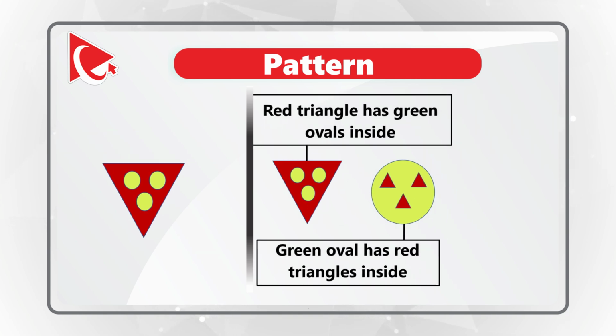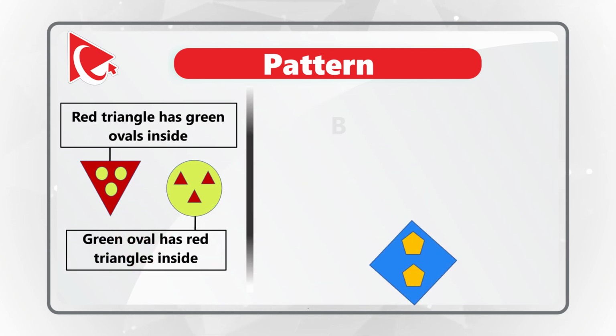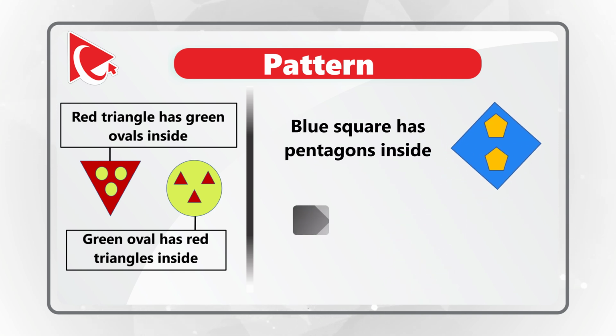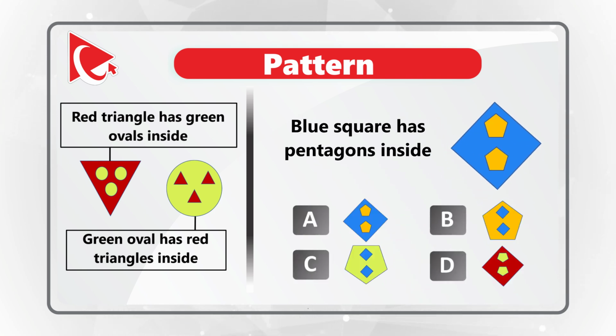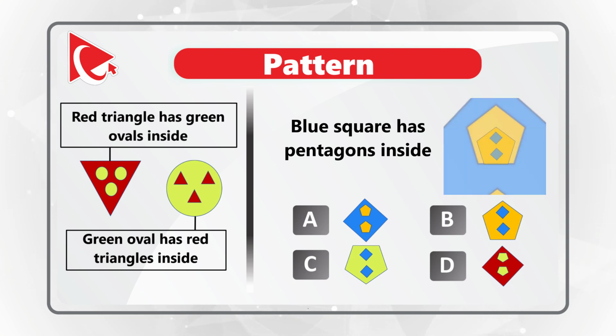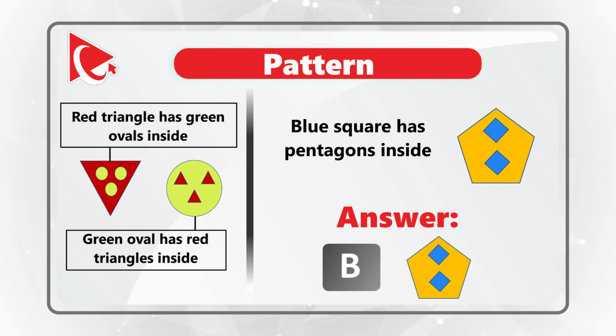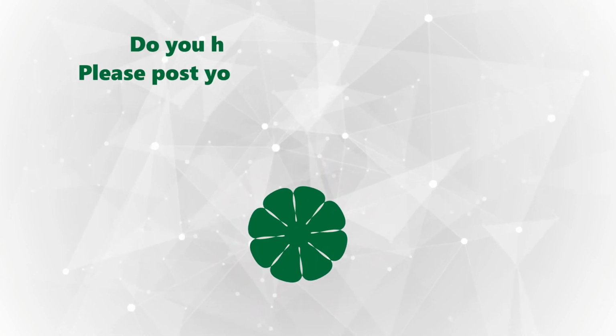Knowing this, we need to determine the relationship of the blue square that has pentagons inside to one of the 4 shapes presented in the possible answers. Do you see it now? All you need to do in this particular answer is to take the pentagon which is inside the square, enlarge it, and put blue squares inside. So as you might have guessed, the correct answer here is choice B. Hopefully you've nailed this question on your own and now know how to answer similar problems on the test.